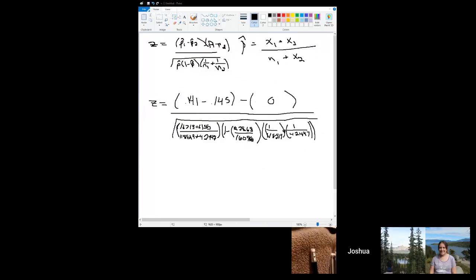What is the alternate hypothesis? It's also in question 13. Less than, so we're going to shade to the left.